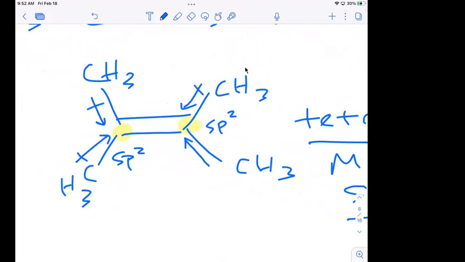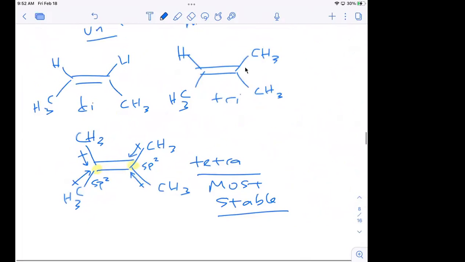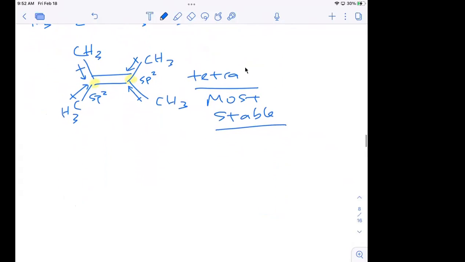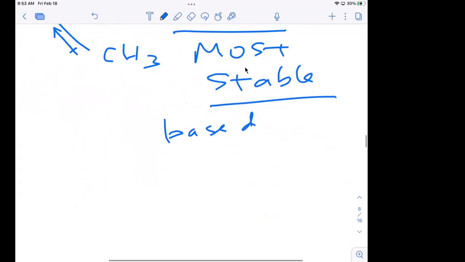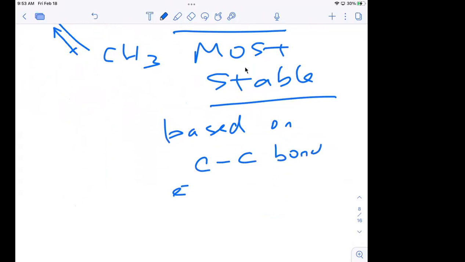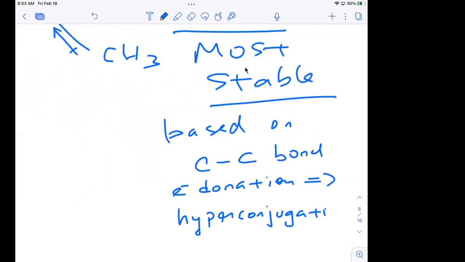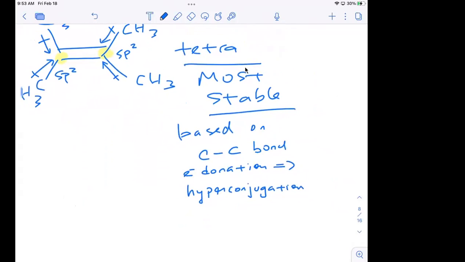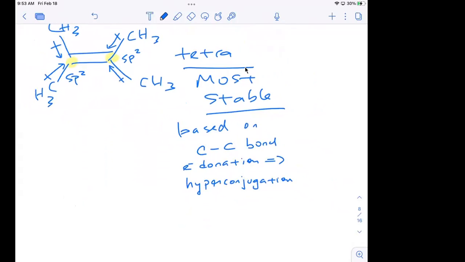You got these little micro dipoles here. So the more carbon bonds you have around those sp2 carbons, the more stable the alkene is. So I'll write that here. There's a term we use for that. It's called hyperconjugation. We learned that in part 1 when we talked about carbocations, right?